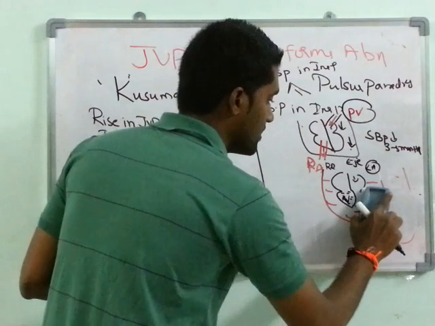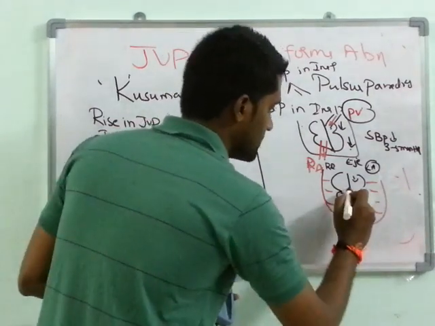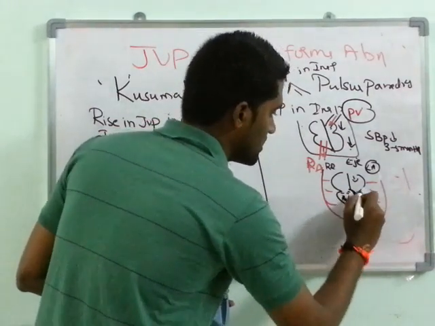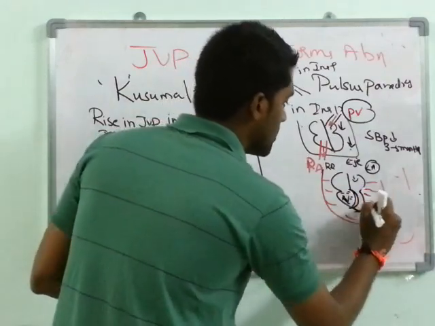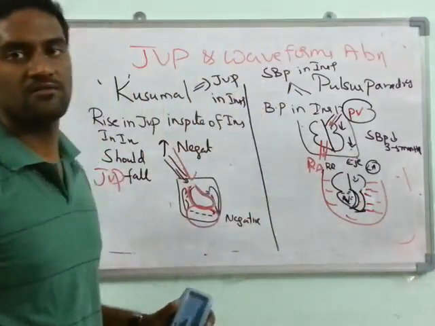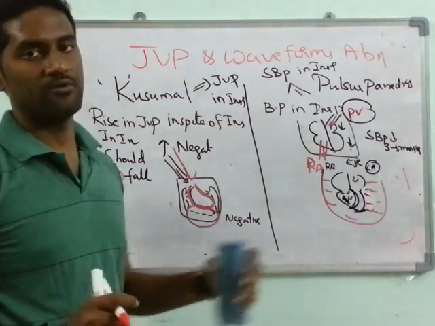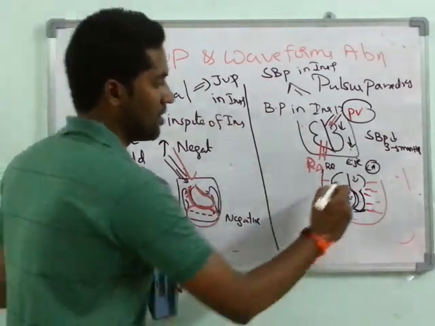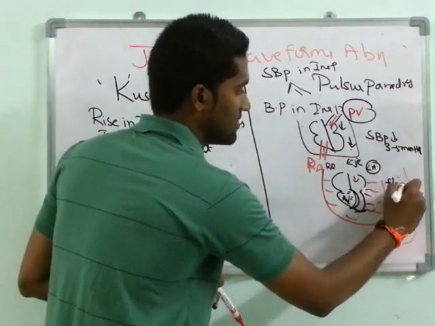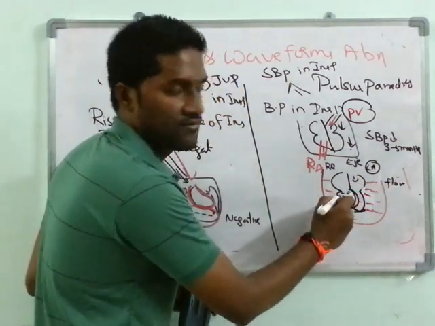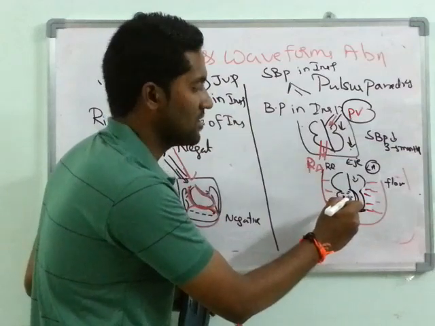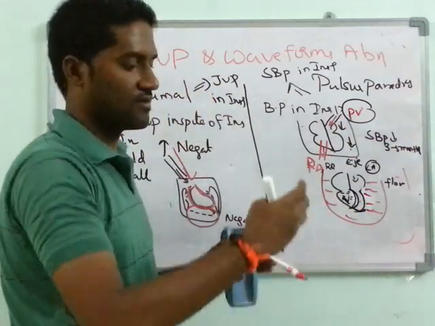But in cardiac tamponade, there will be interventricular dependence, and the septum cannot move to compensate due to the pooling of fluid. Already the flow is decreased on the left side during inspiration, and when the right ventricle is filled with blood, there will be interventricular dependence.